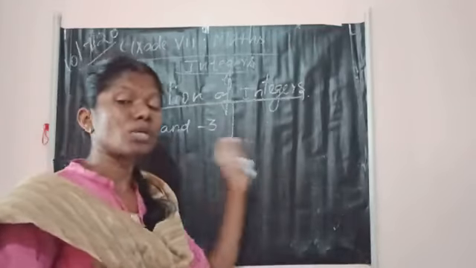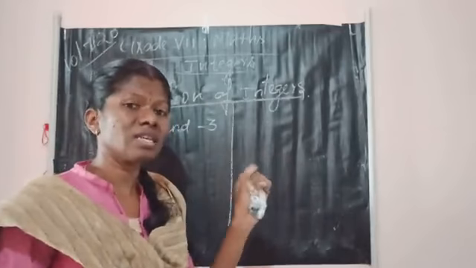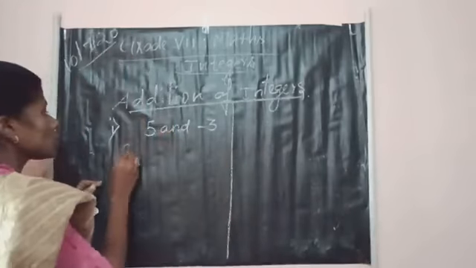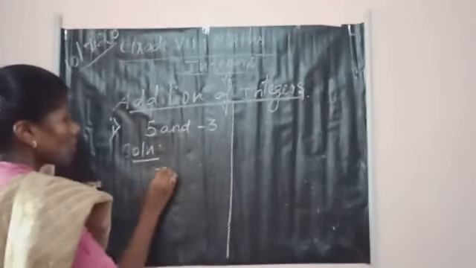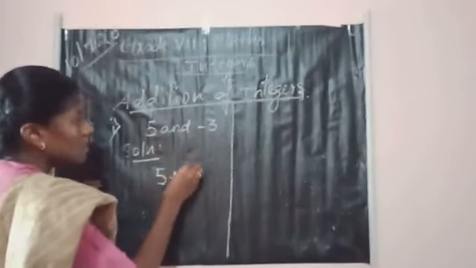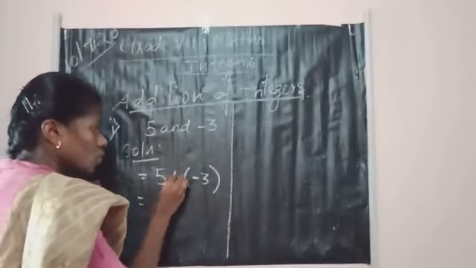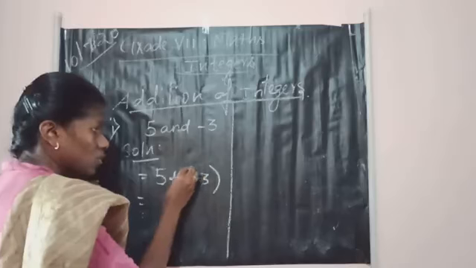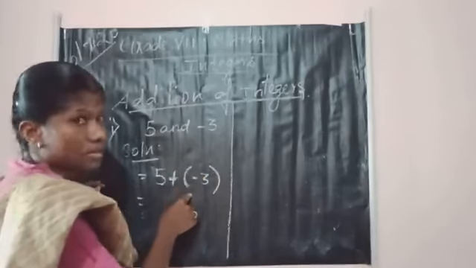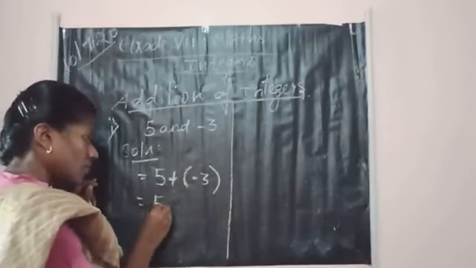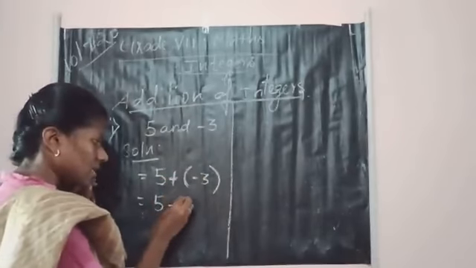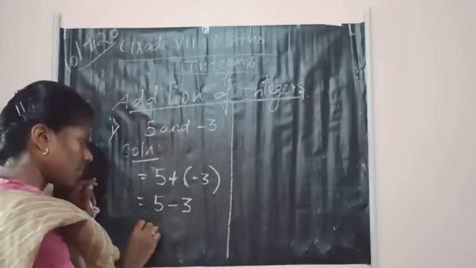5 is a positive integer and -3 is a negative integer. So the solution is 5 plus -3. When you have any minus values, you have to use parentheses. So 5 + (-3).